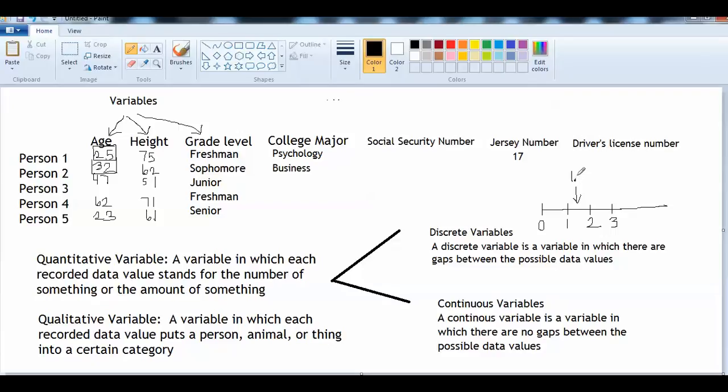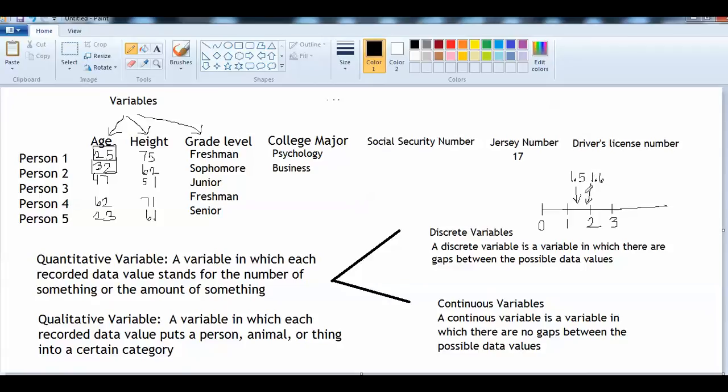Well, a person can be. A person could also be 1.6 years old right now. Now let's think, is there a gap between 1.5 and 1.6? Well, there is no gap, because a person could be 1.55 years old right now.